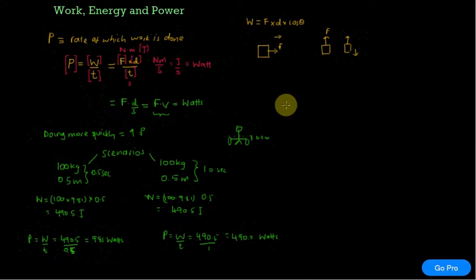So oftentimes what athletes will do in order to build power is to work at a sub-maximum load, typically 30 to 50% of 1 rep max, but trying to move that resistance as fast as possible. And that helps with power generation. So speed of movement becomes really, really critical there.